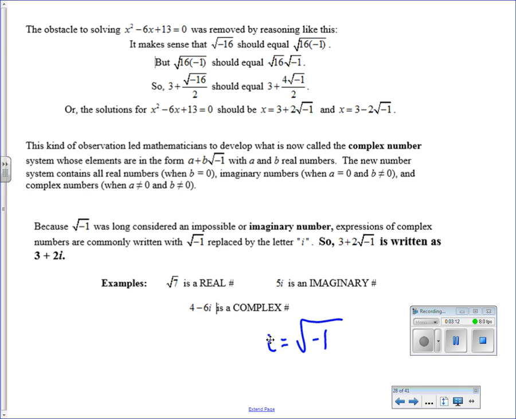And so if we find anything that has a negative square root, we're going to replace that -1 idea with i. So if we have the square root of 7, that's considered a real number. 5i is going to be an imaginary number because it's got i in it. And you can also put i in things, like you can add, subtract, multiply, and divide. So there's lots of things you can do with i.